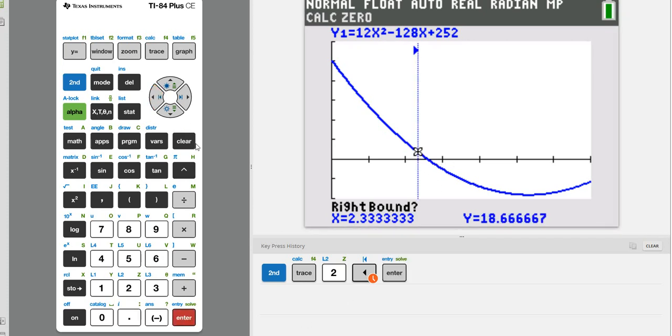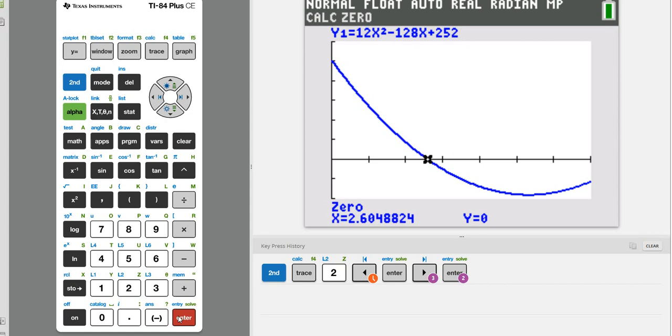Press enter, then cursor back to the right. Press enter again, and then press enter one more time for reasons that I won't bother to explain. You should get about 2.605 as the root. Are we okay with finding that value of x?